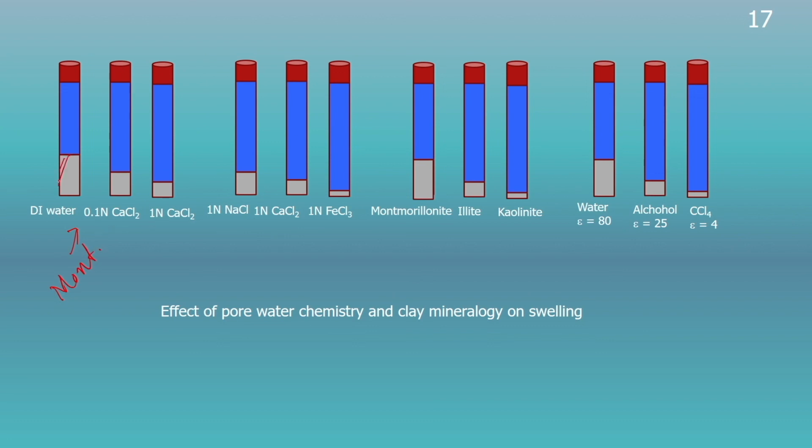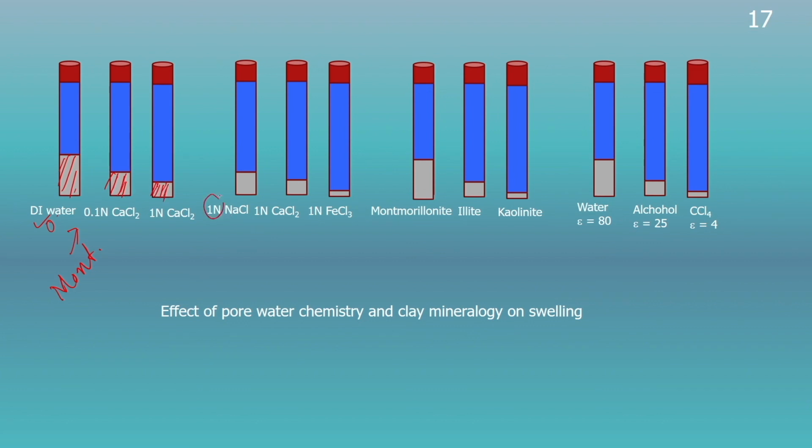We can see the swollen volume of the soil sample at different concentrations: deionized water, that is 0 N, 0.1 N calcium chloride and 1 N calcium chloride. We can see that with increase in the salt concentration, the swelling volume of this montmorillonite is decreasing.